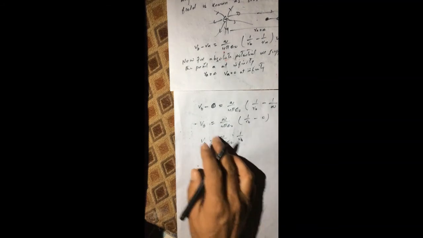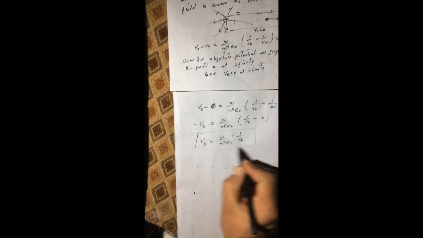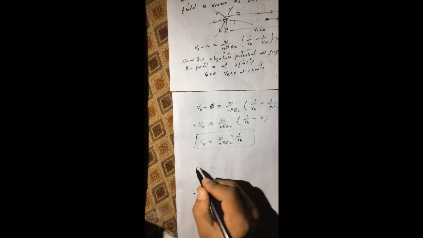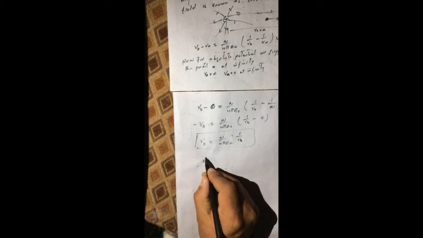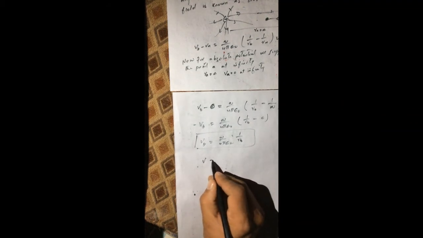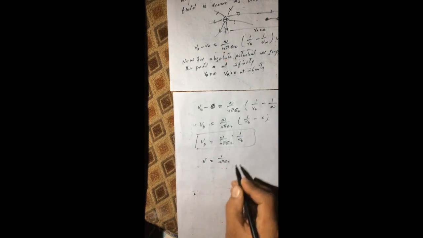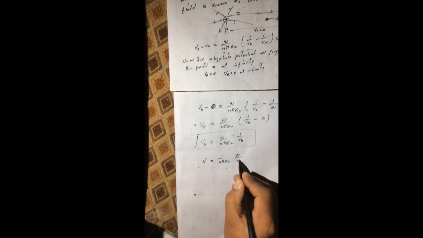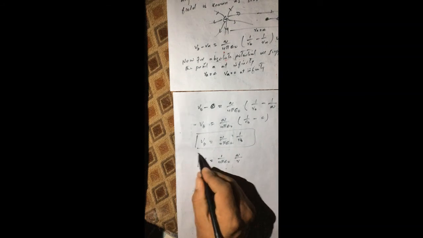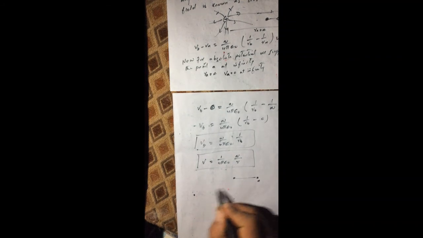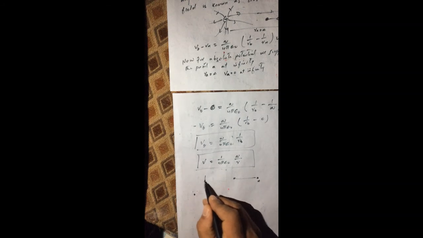Now this equation represents the absolute potential. In general, we can write the absolute potential as V, which is equal to 1 over 4 pi epsilon naught Q over R. This is the absolute value of potential, like moving a test charge from infinity to some known point against the electric field of some point charge.